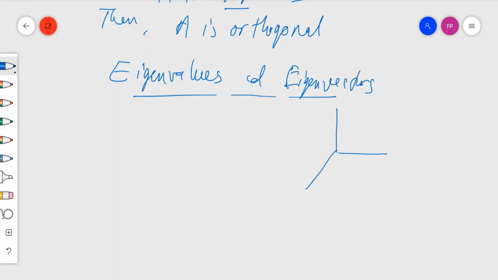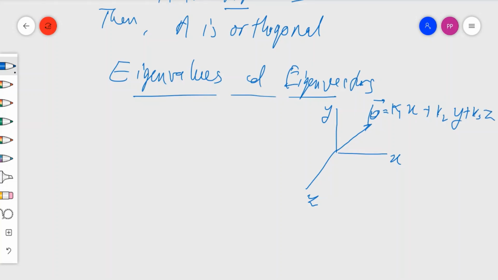Suppose vectors x, y, z in the directions of the x-axis, y-axis, z-axis, and we have a resultant vector, say vector p, which is k1 multiplied by vector x, then k2 multiplied by vector y, then k3 multiplied by vector z.